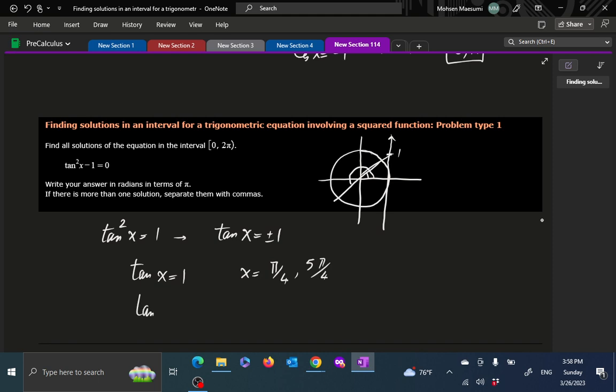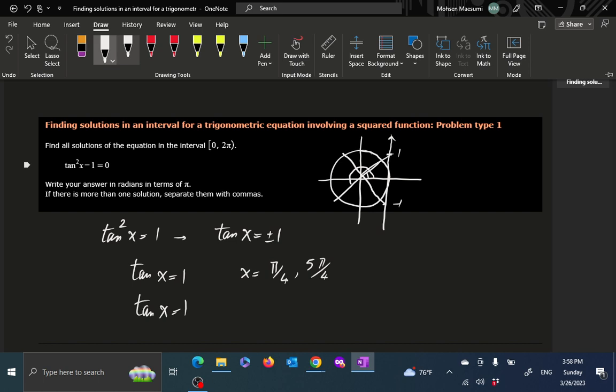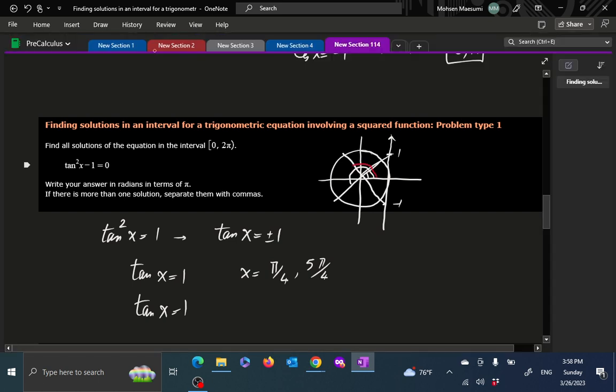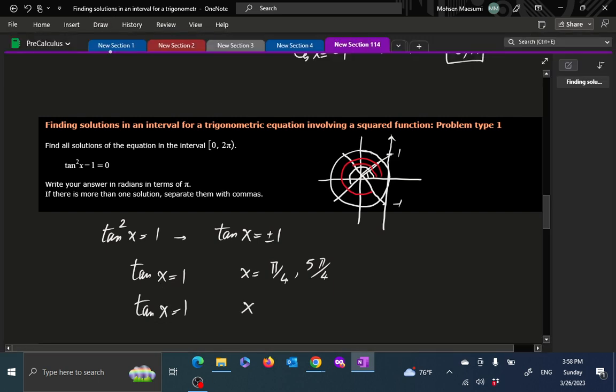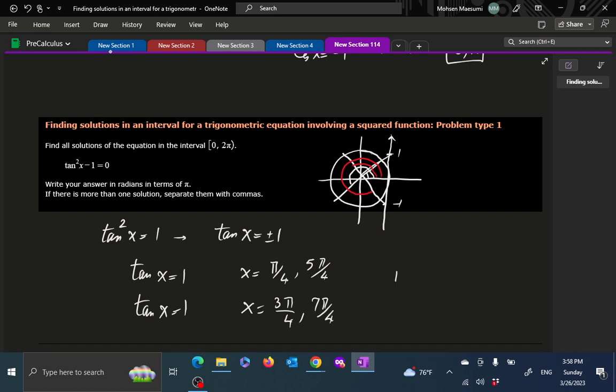If tangent of x is minus 1, minus 1 is here, you connect to the origin, and the two angles you are looking for are going to this location and the other one coming all the way around. Our answers become 3 pi over 4 and 7 pi over 4, and then the list of all of them.